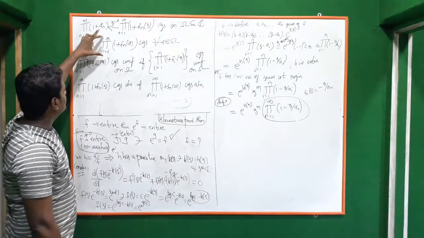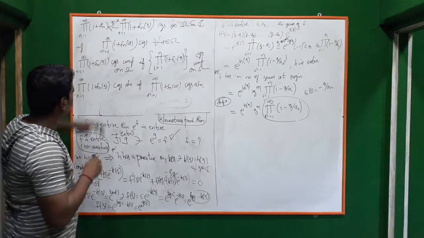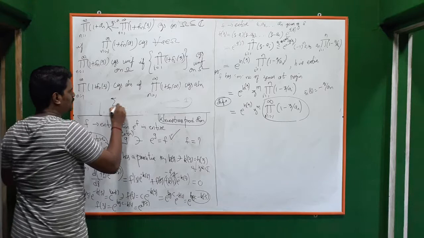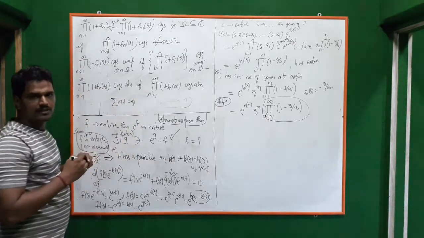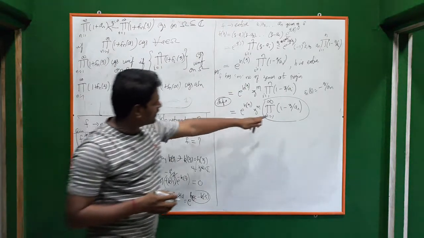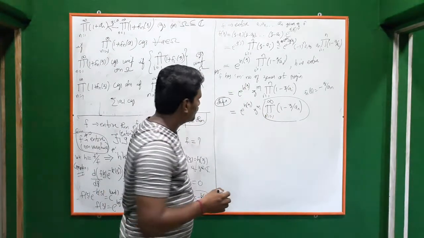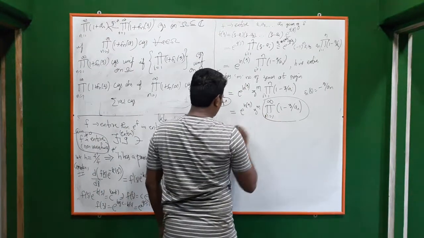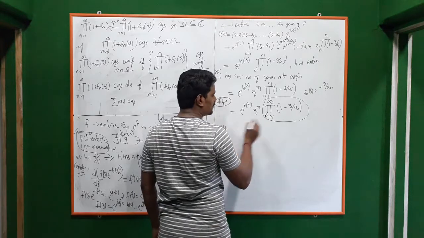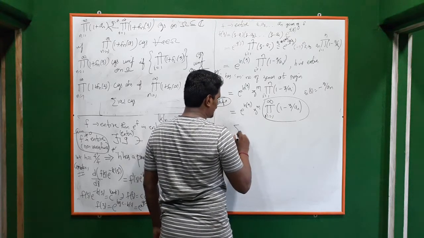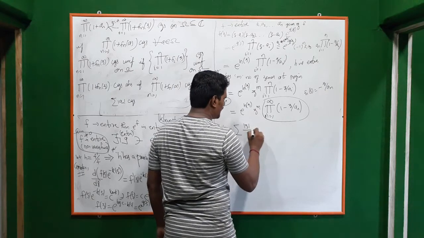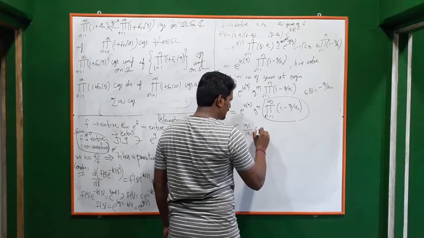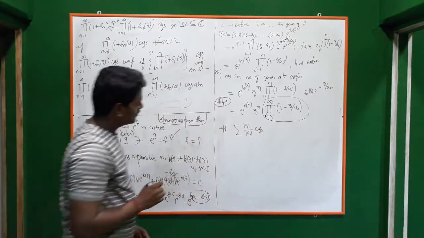So we know that this product converges if this converges. Correct. This converges if and only if, as we have seen, summation mod a n converges, absolute convergence. So we can use that here. So this converges absolutely if and only if summation mod a n, which here means mod z by mod a n, converges.